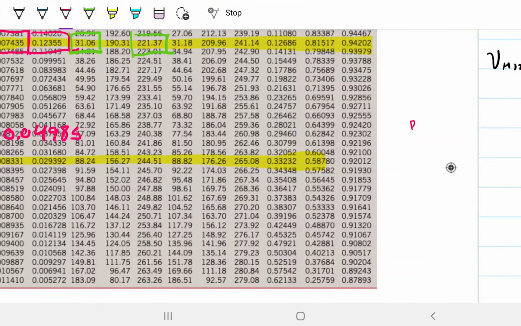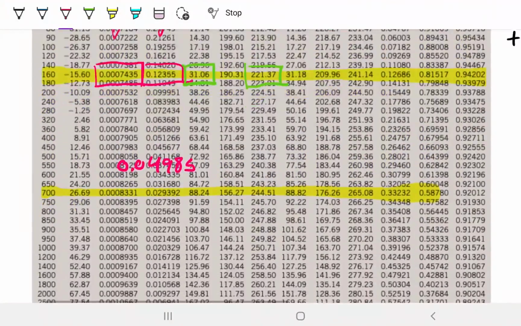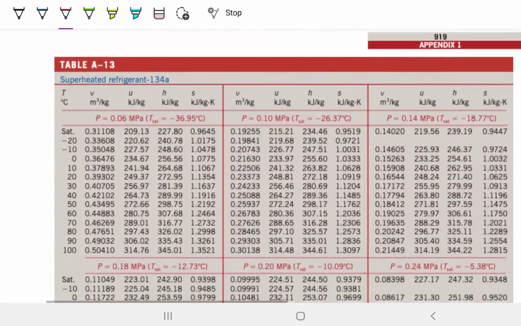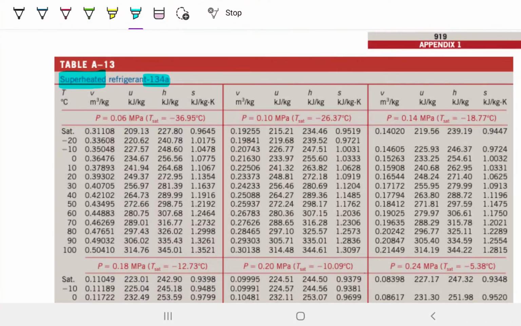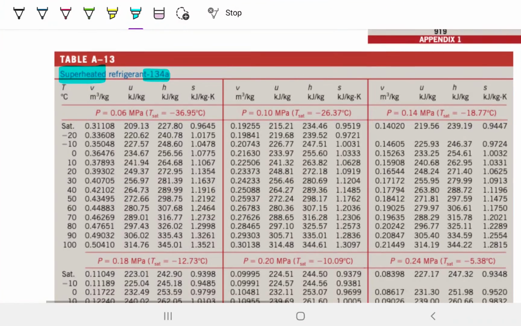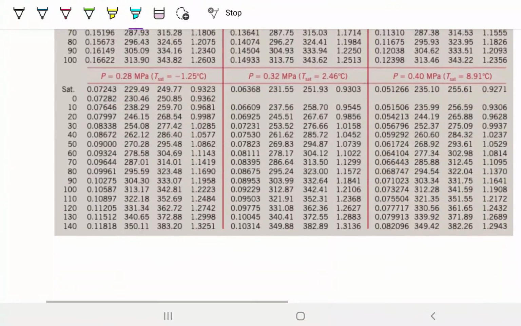So we can say, because specific volume 2 is greater than the saturated vapor specific volume, therefore this is a superheated fluid. So I'm on the wrong table. This is not the right one. I need to scroll down all the way until I find the superheated one for the refrigerant. I'm looking for 700 kilopascals, so that's 0.7 megapascals, same thing.